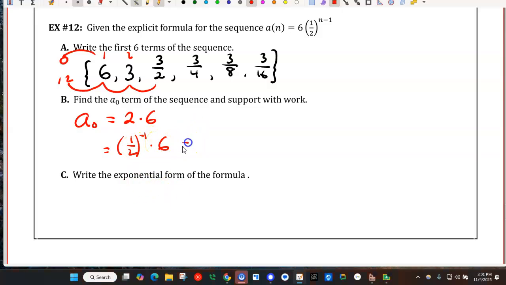So either way, it gives you 12. Now use that as our function a value, 12, and we have a ratio of 1/2 to the n power.